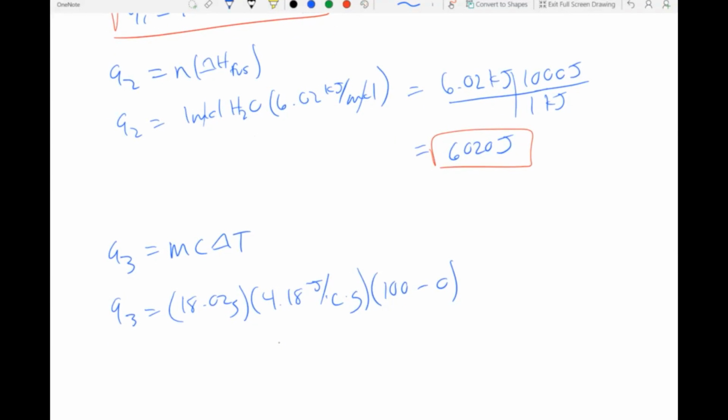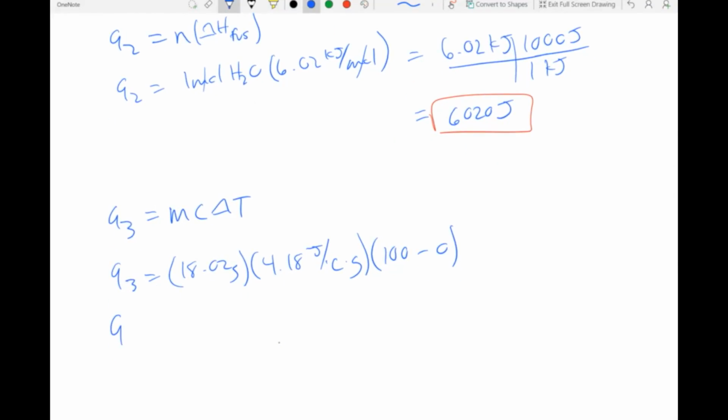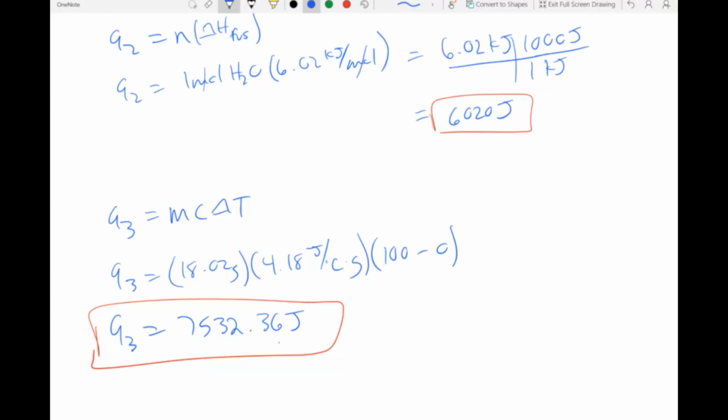After we calculate this out, we should get 7,532.6 joules. Okay, so this one is our next Q that we calculated.